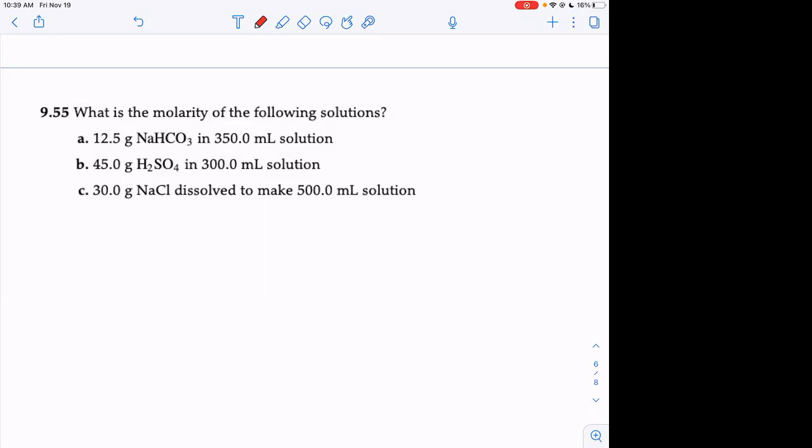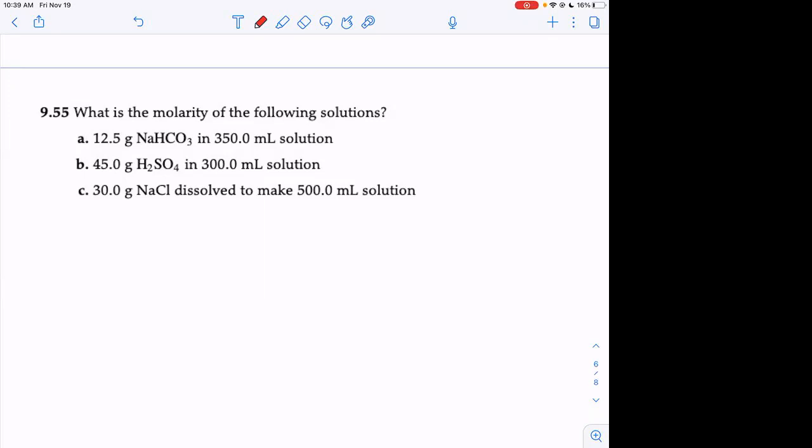How do you say it? Sodium bicarbonate. Thank you. I got it wrong too. All right, 12.5 grams sodium bicarb and 350 milliliters of solution.